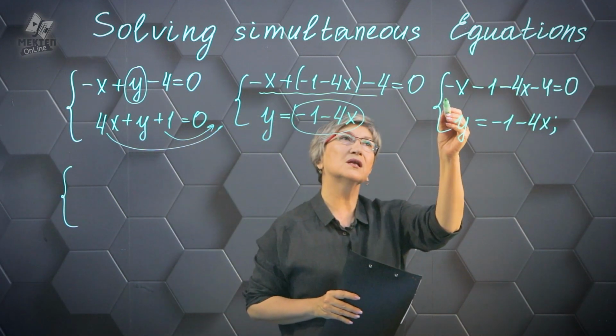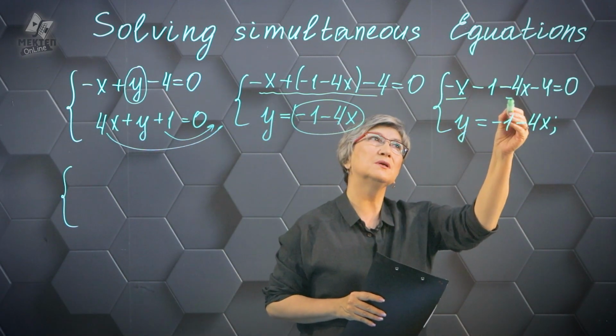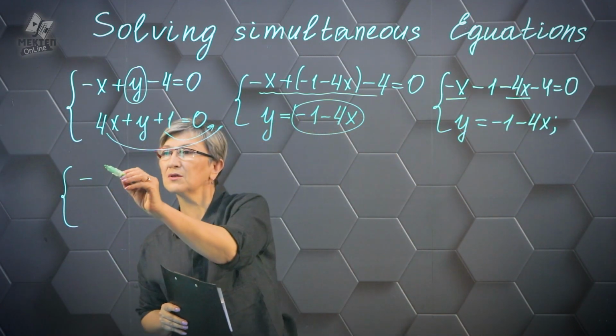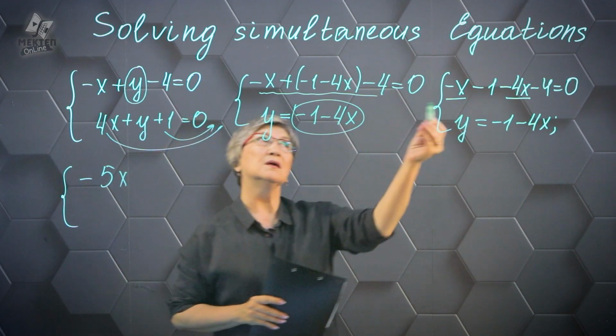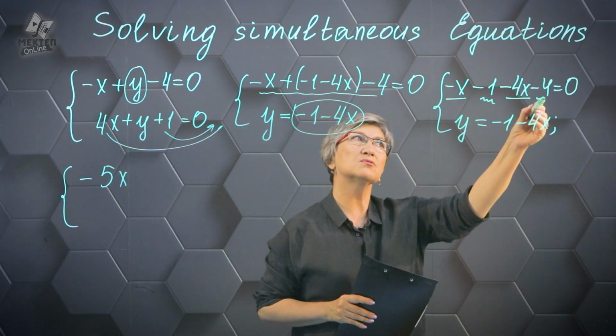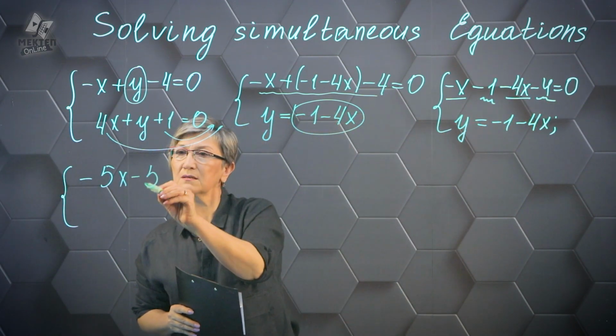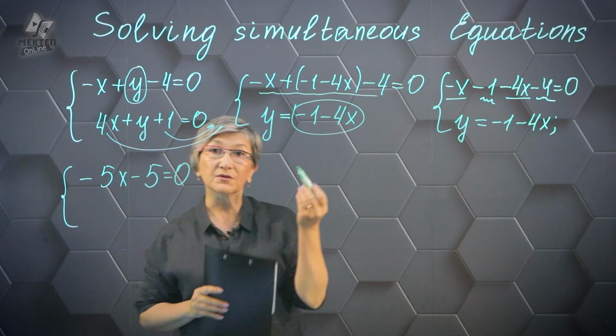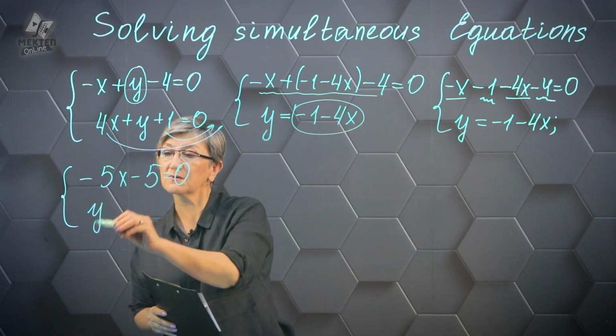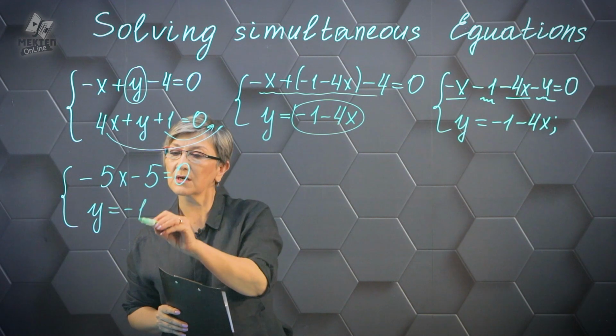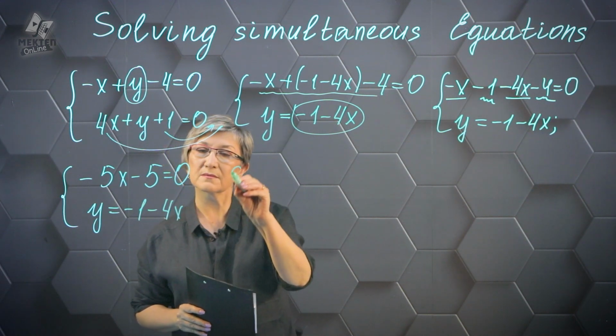Let's add similar terms. Minus x minus 4x is minus 5x. Minus 1 minus 4 is minus 5 equals 0. And the second equation I'm going to rewrite: y equals minus 1 minus 4x.